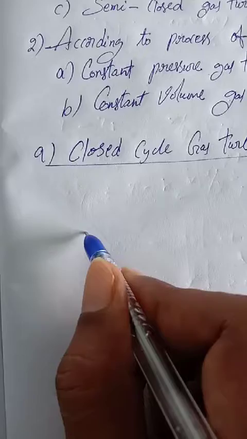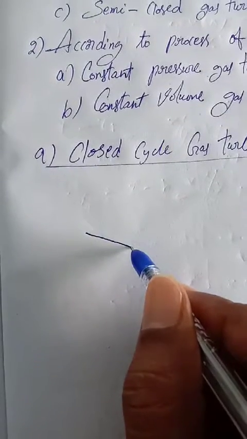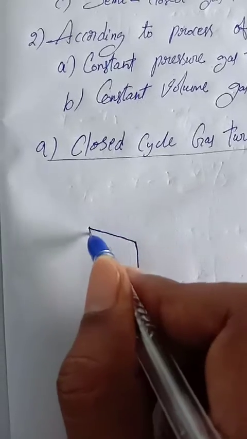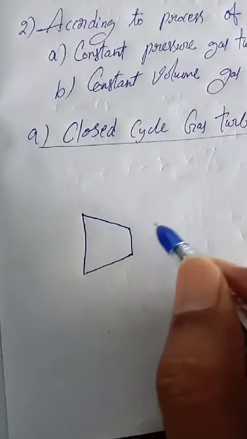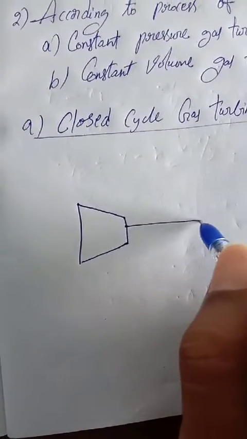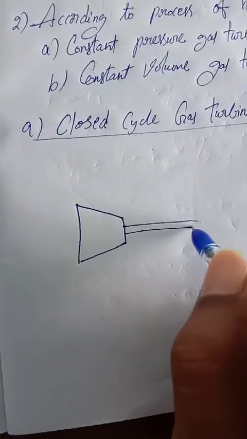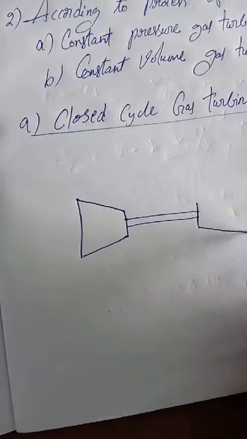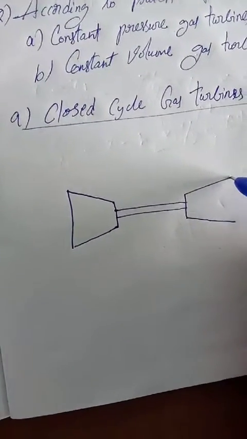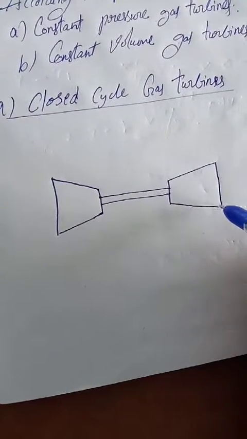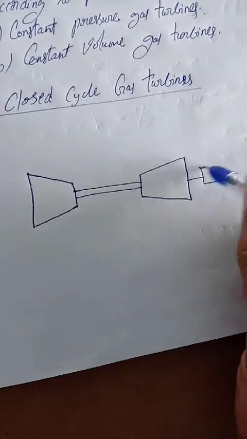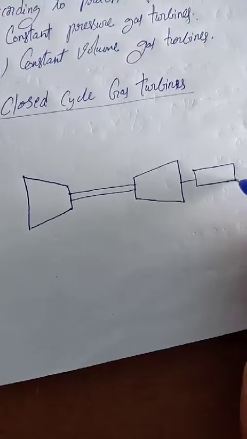Here I am going to draw the compressor first. So this is the compressor, and this is called the turbine. This is connected with the generator.